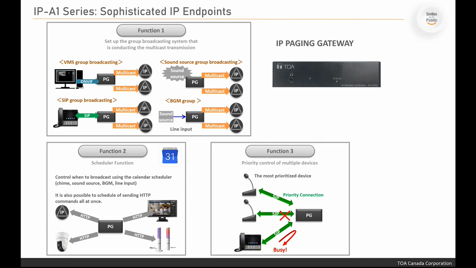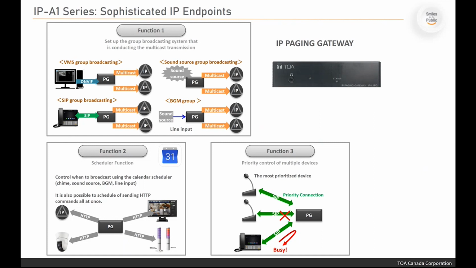The second function, which is coming up in phase two, is a built-in scheduler that allows you to schedule HTTP commands and helps you with integrating with other systems. And the third function is the priority management. So whenever you need to do priority management, you need to have this device in your system.